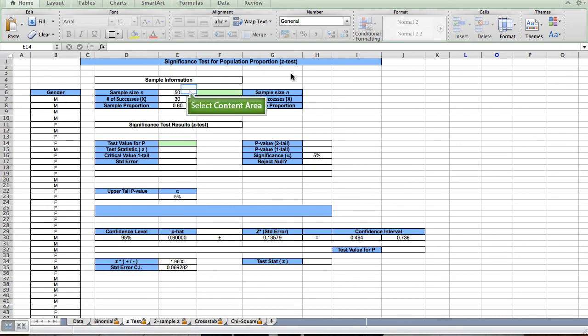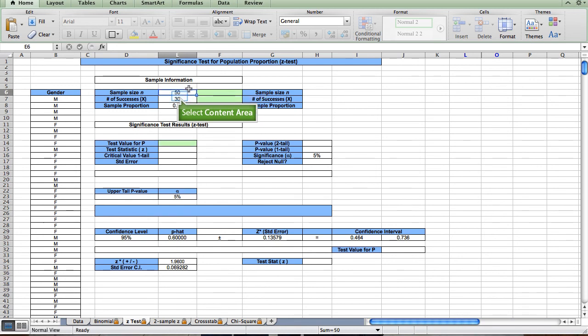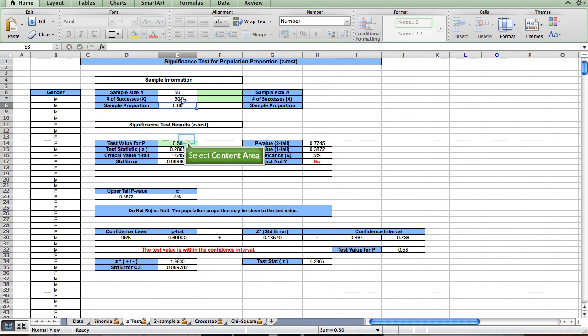Now here are our One-sample Z test results. Our sample information shows that 30 out of 50 are women, which is a sample proportion p-hat of 0.6, or 60%. Our z-test will compare the sample proportion of 0.6 against any test value that I input here.